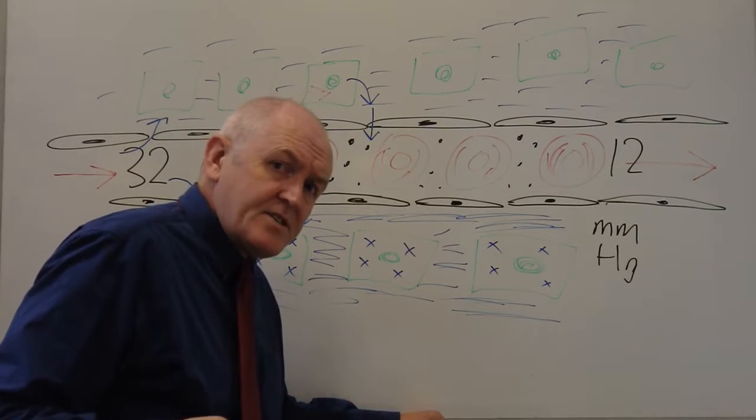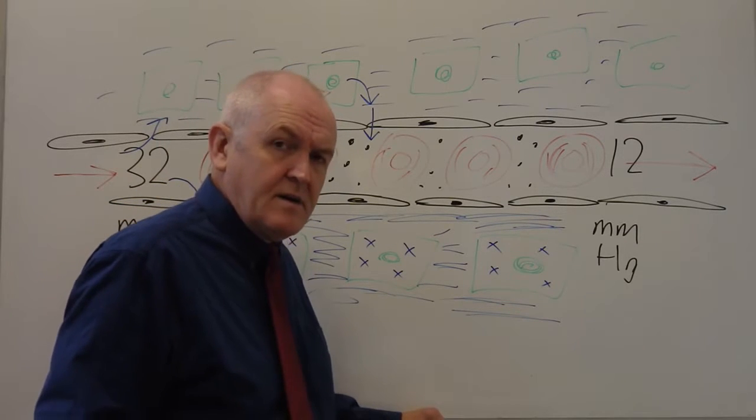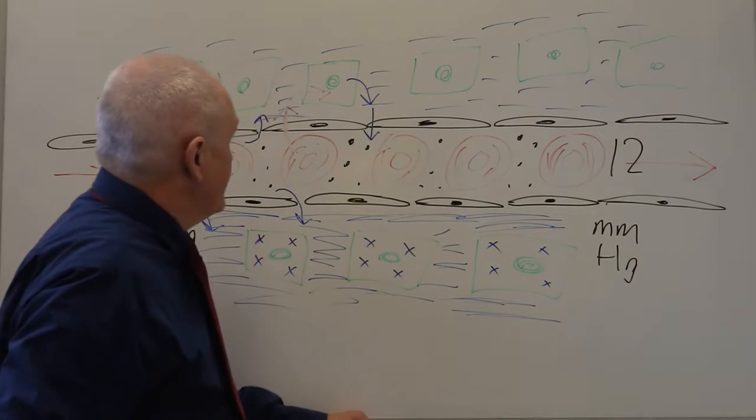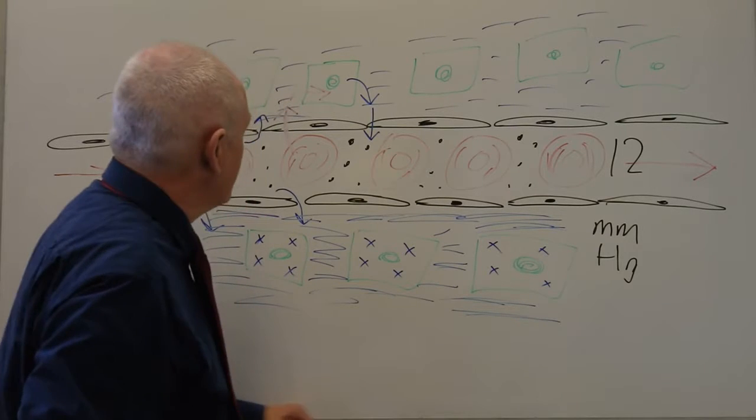So we see that the interstitial fluid is the essential medium, the diffusional medium, for gaseous exchange to occur between the blood and the tissue cells, in this case systemic tissue cells of the body.